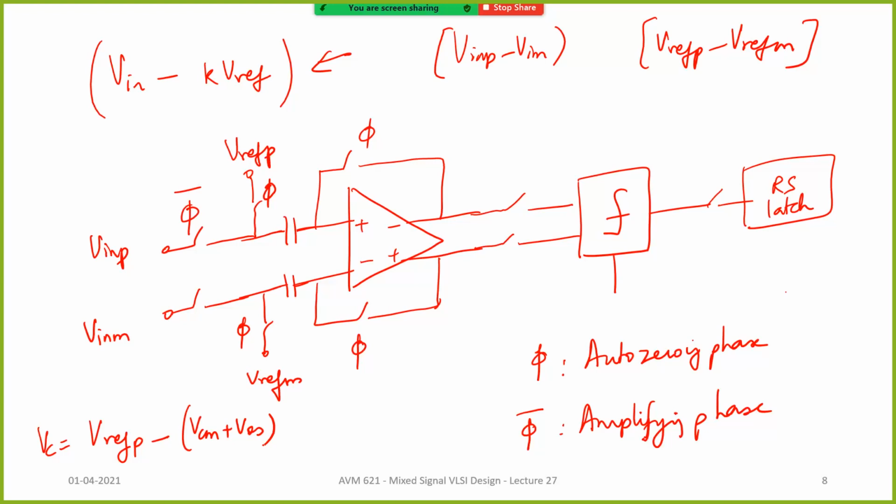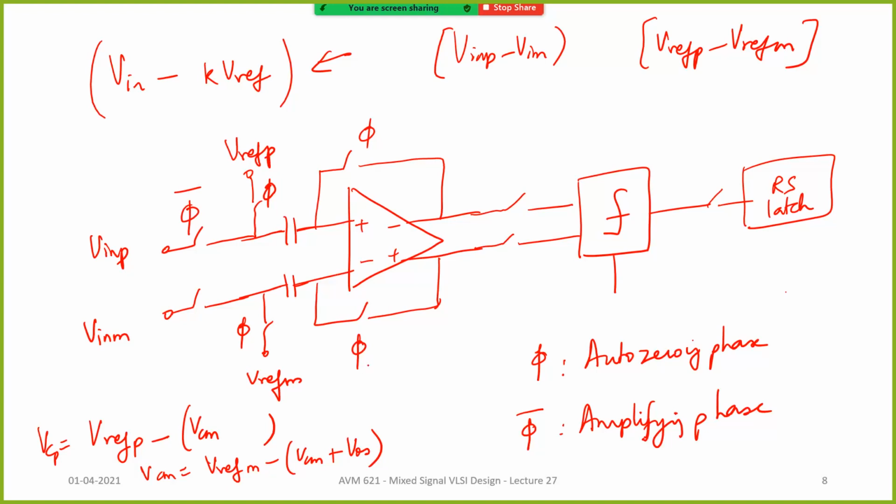Because whatever is here will appear here, and what is at this terminal is VCM plus VOS. So that is what you would basically get.